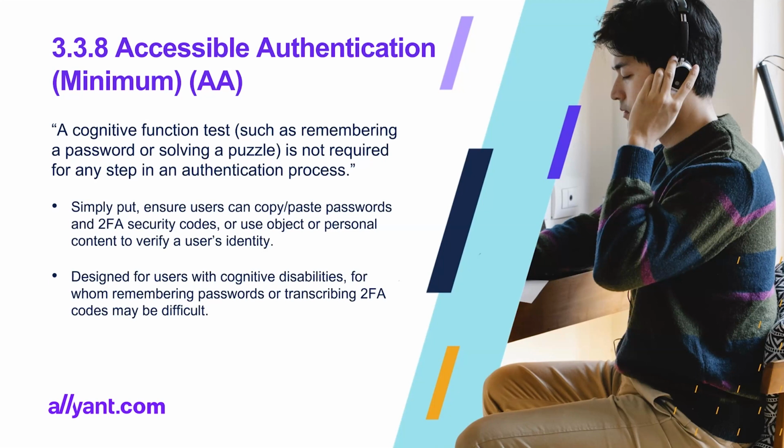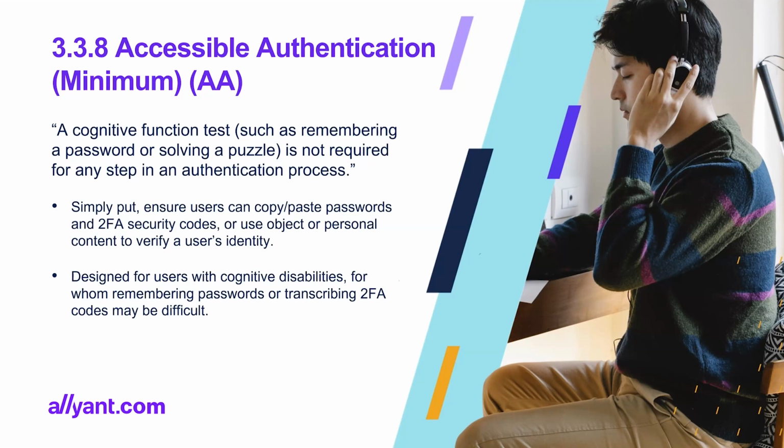So it does work. I will also say there is a AAA success criteria around authentication. And the big difference between the AA and the AAA one is the AAA one does not allow for that object-based identification. So this example we just talked about of using an apple as your security image and just being asked to pick your security image every time you log in, that would not be valid under AAA, because it's an object-based approach, and that's the difference.